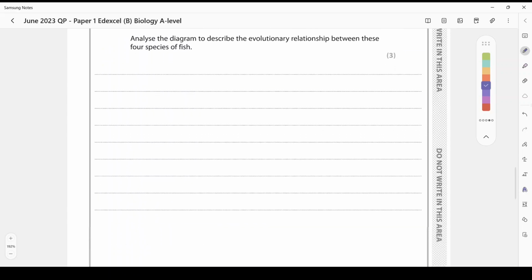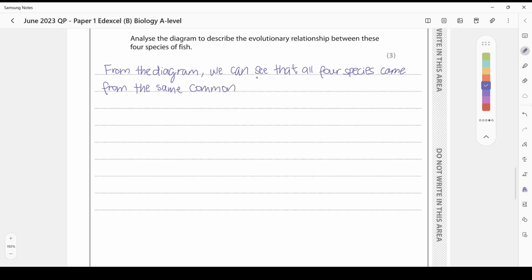So let's write out some of these points. From the diagram, we can see that all four species came from the same common ancestor.